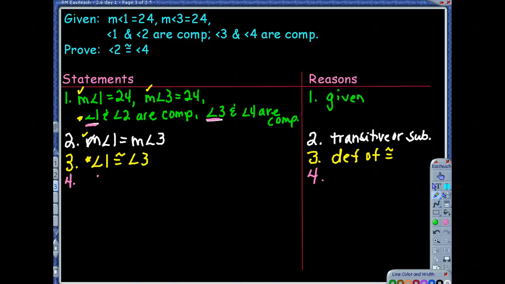I'll tell you, congruent supplements and congruent complements theorems never prove complementary or supplementary. They prove congruent. So I know that the other two angles, angle 2 and angle 4, must be congruent. And that's because of the congruent complements theorem. And that's what I was supposed to prove. And I even have them in the right order. How about that? Awesome.